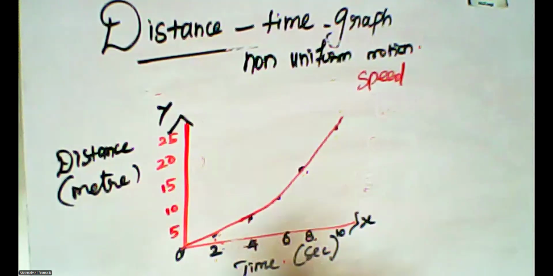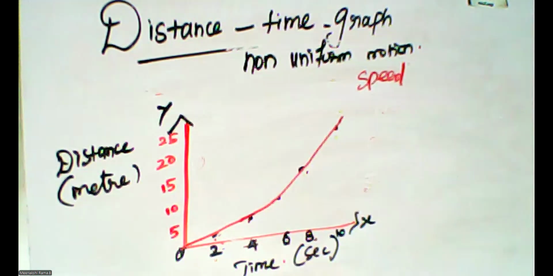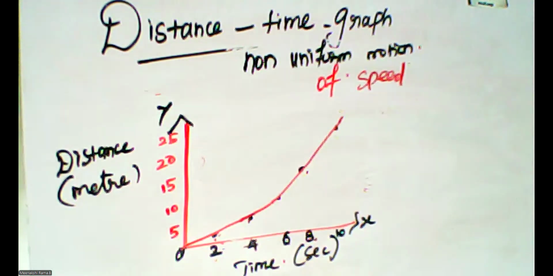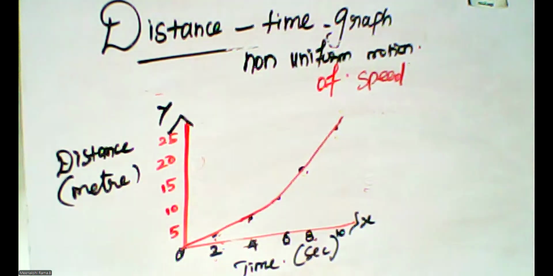So this graph expresses non-uniform motion of speed. Okay, so is that clear, students? Yes, we can understand uniform speed as well as non-uniform. That is the distance-time graph of uniform motion as well as non-uniform motion.